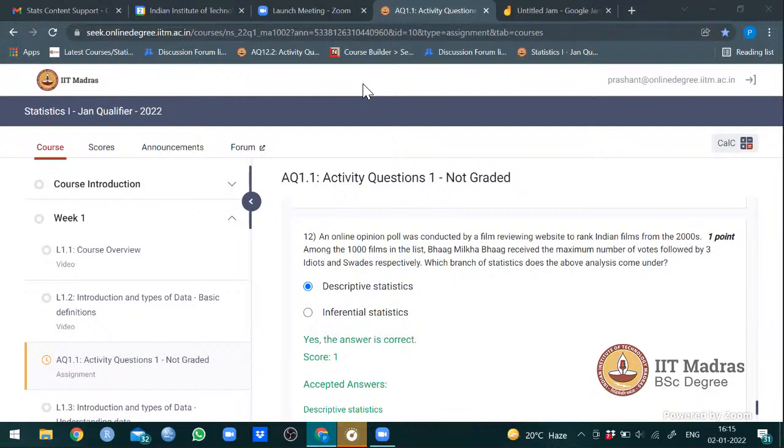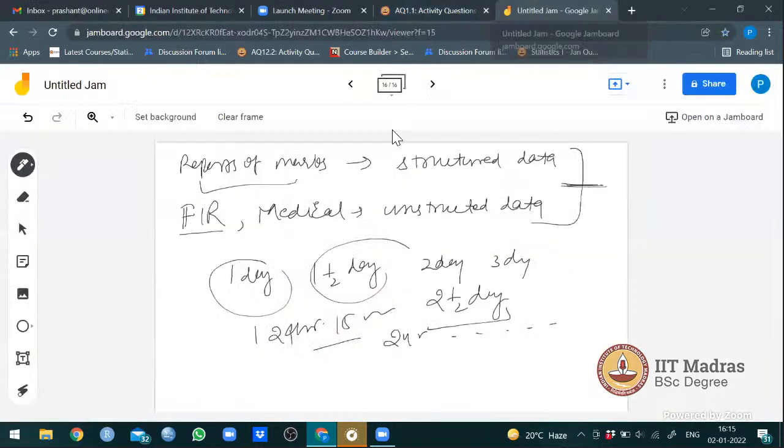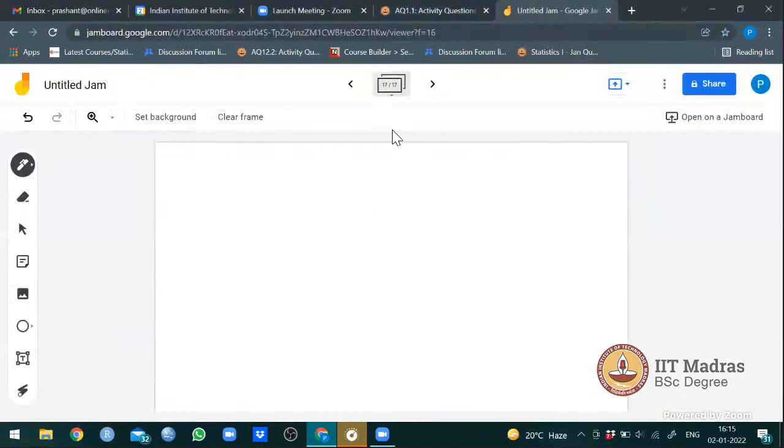Okay. Actually, for the nomenclature, I'm not sure about it, but I can tell you the concept of this. For nomenclature, I will get back to you. Your doubt is why it's called cross-sectional.